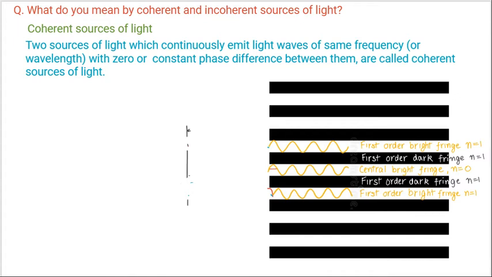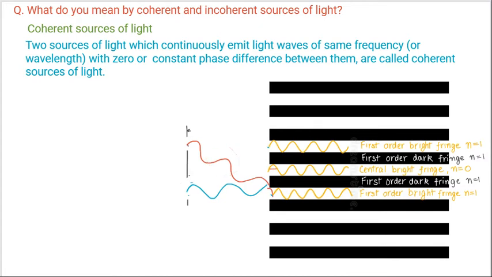Just check here. The wave coming has one, two, and a half wavelength. Similarly, in this case, one, two, two complete wavelengths. So in this case also, the light coming from slits S1 and S2 has the same frequency or the same wavelength, but they have a phase difference.